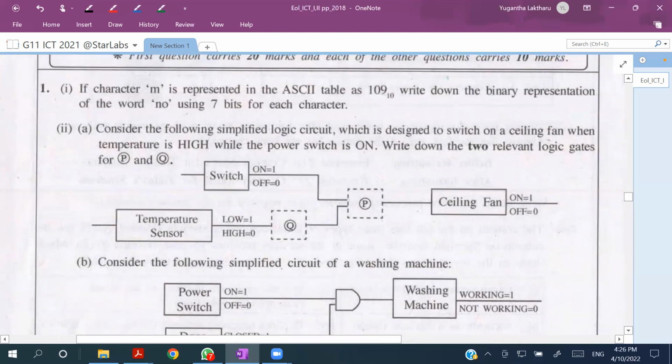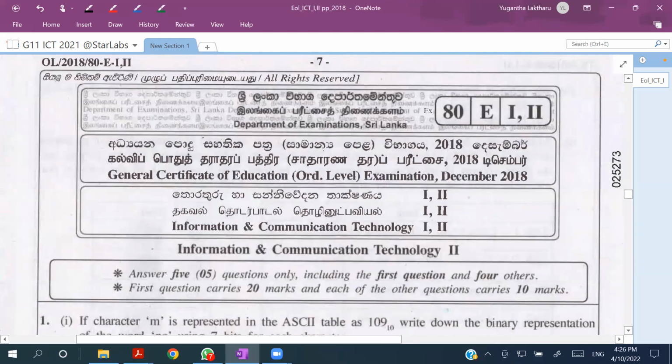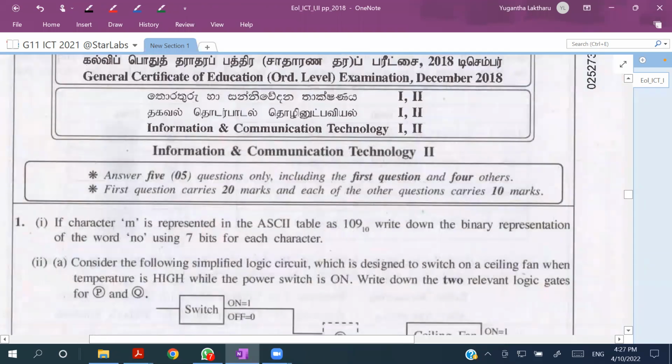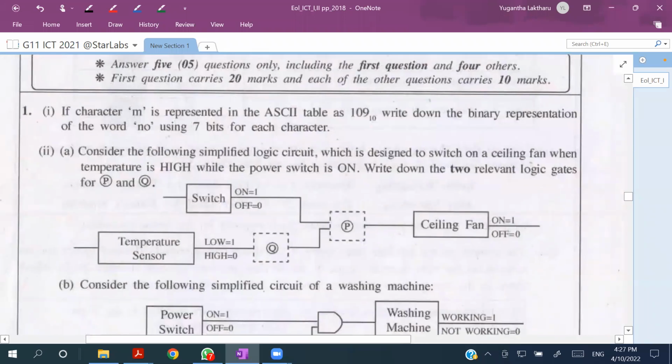That's my expectation, so get ready with 2019. Now we are halfway through 2018. If you get a chance, we are going to do that as well. So for this week, try the 2019 papers and finish both papers, first and second. Time it and do it very well.